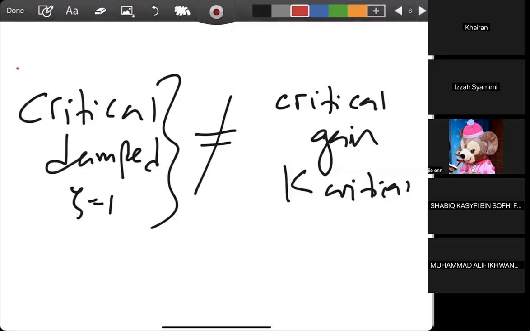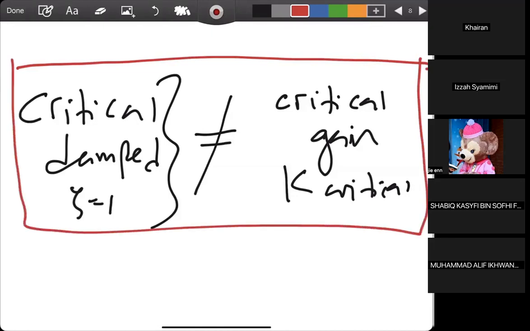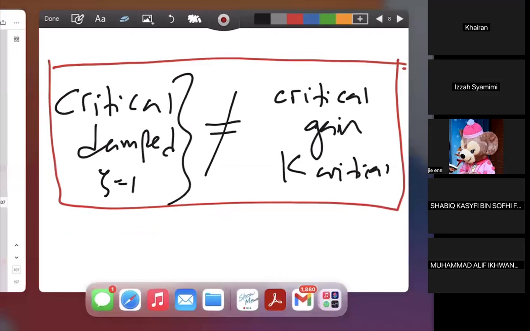Critical damp, zeta equal to 1, is not equal to critical gain, K critical. Can you repeat after me? Critical damp, zeta equal to 1, not equal to critical gain, K critical.